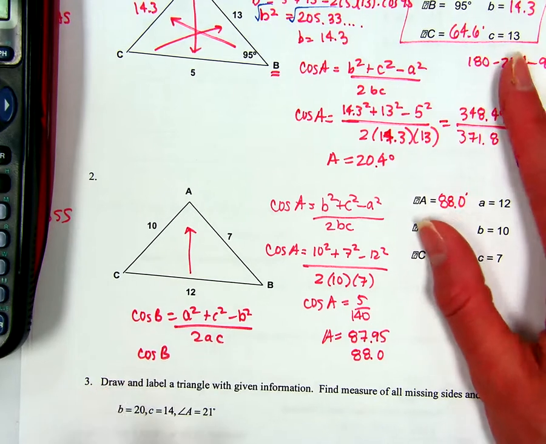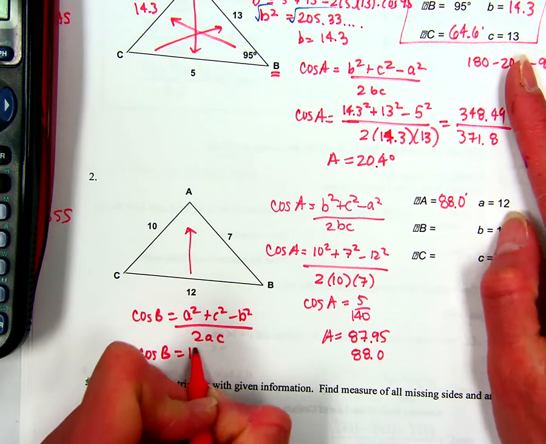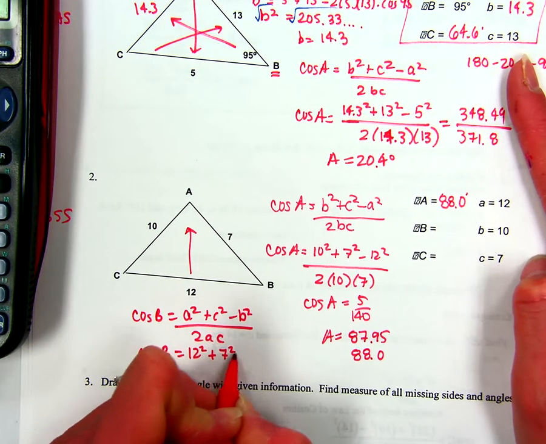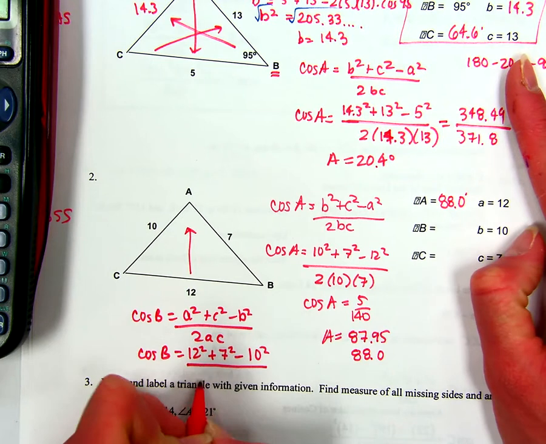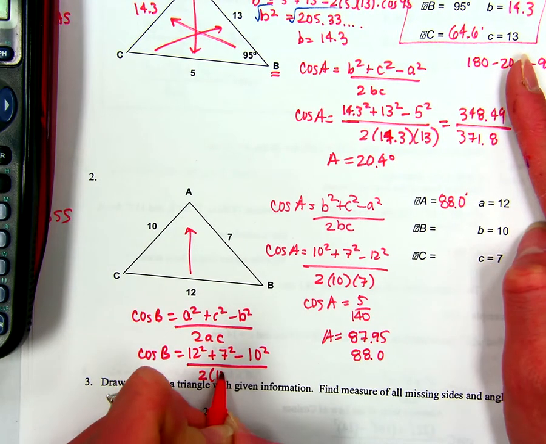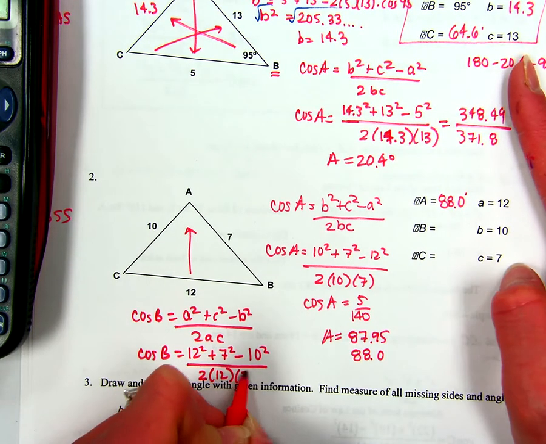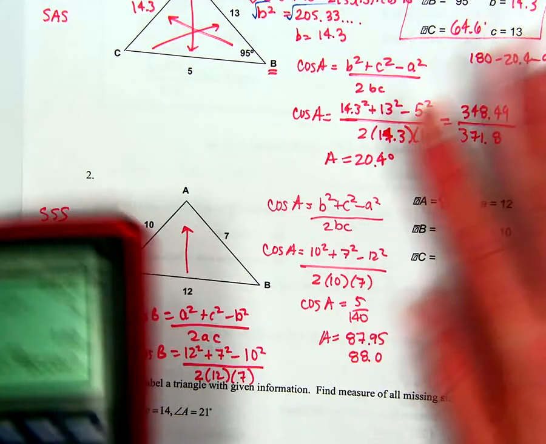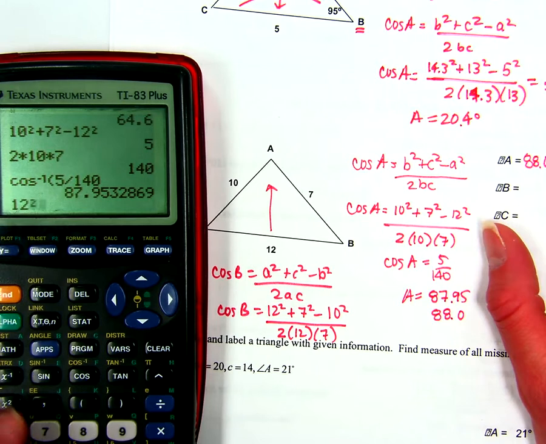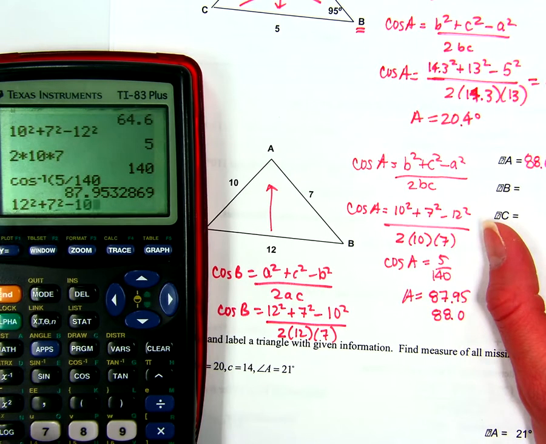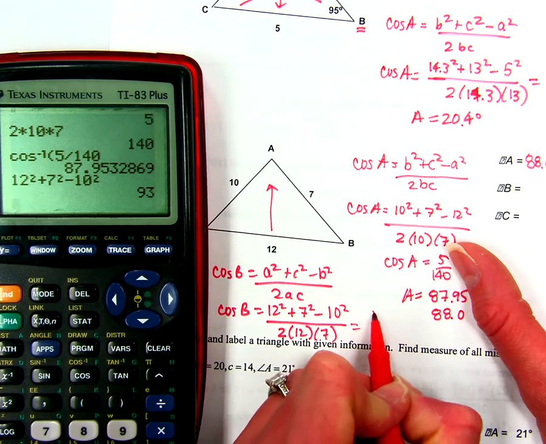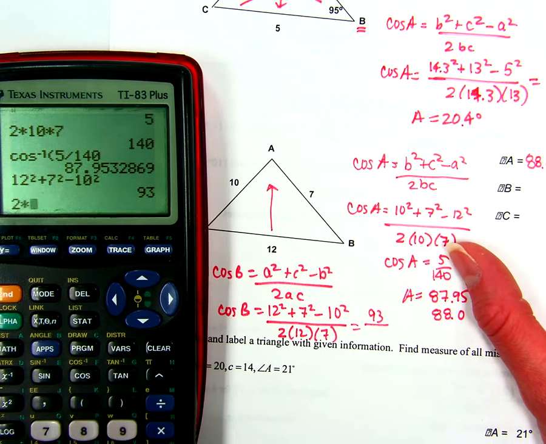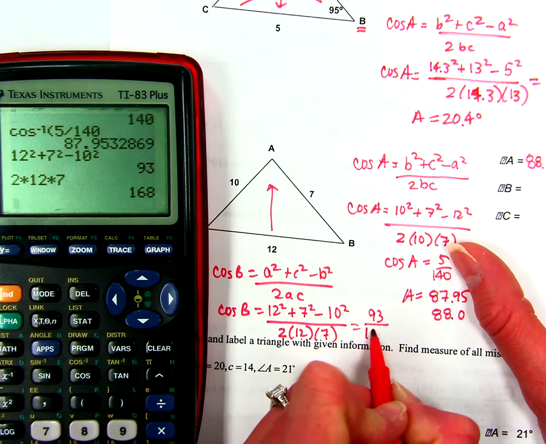So we have cosine of B equals 12 squared plus 7 squared minus 10 squared over 2 times A times C. When you type this in your calculator, do the numerator first: 12 squared plus 7 squared minus 10 squared. That gives me 93 over 2 times 12 times 7, which is 168.